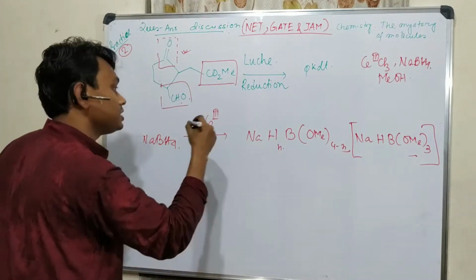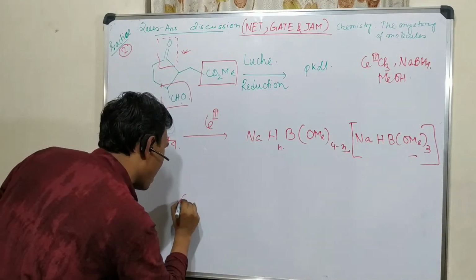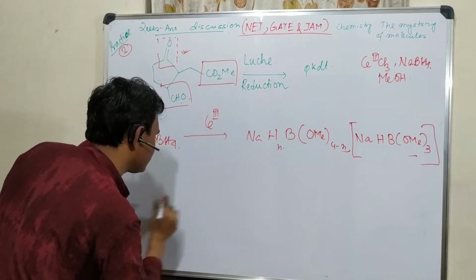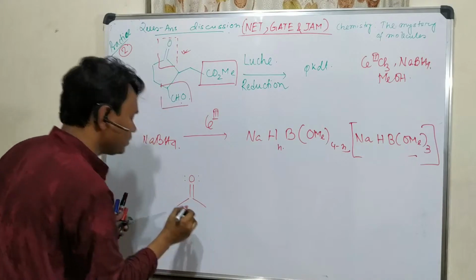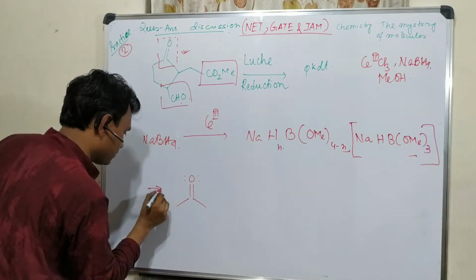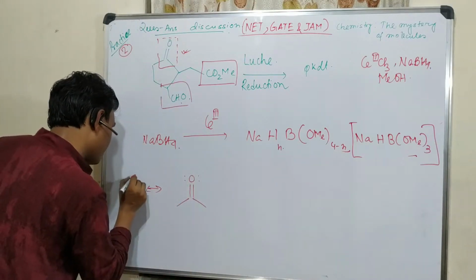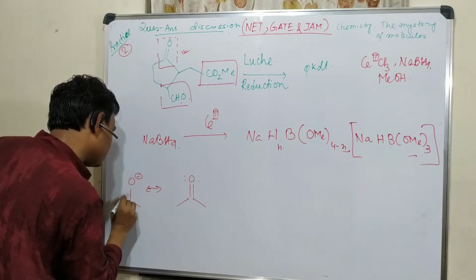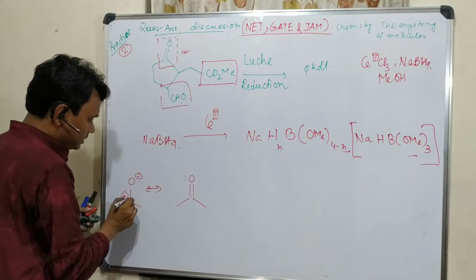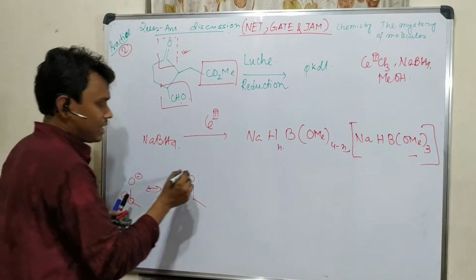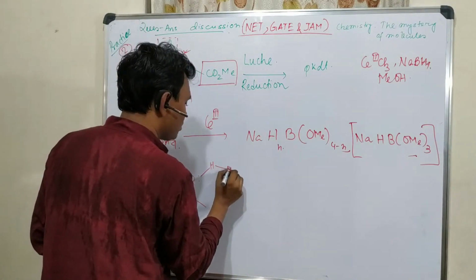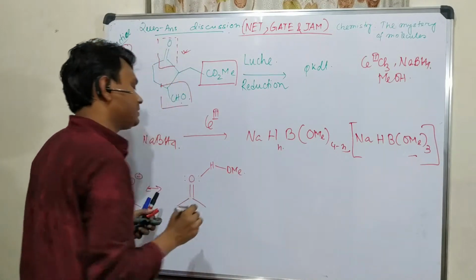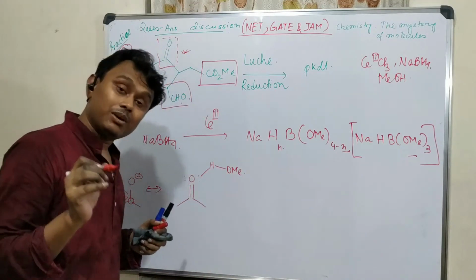Oxygen contains a lone pair, and carbonyl has a canonical form where oxygen is negative and carbon is positive. So the carbonyl has positive charge density on carbon and negative on oxygen, and that's why it likes to form a hydrogen bond with the proton from methanol. But this hydrogen bond is initially not that strong.